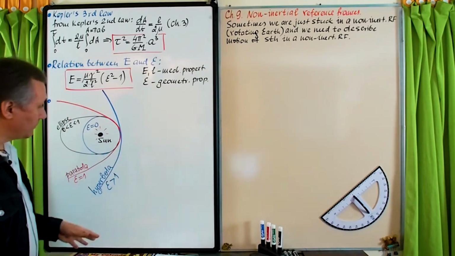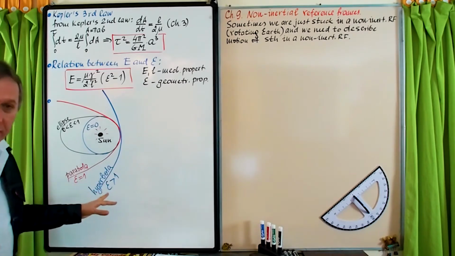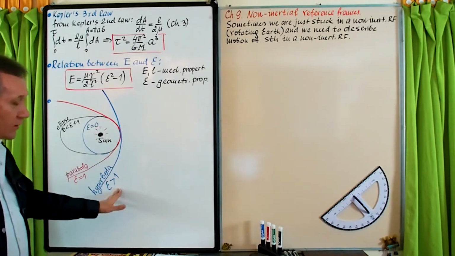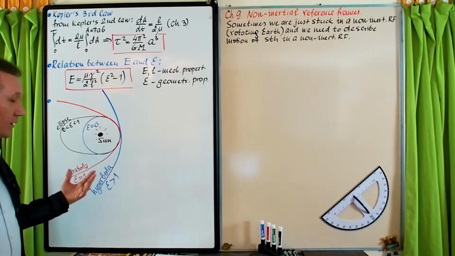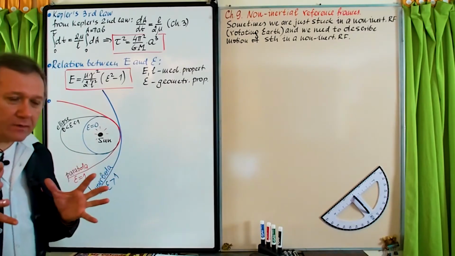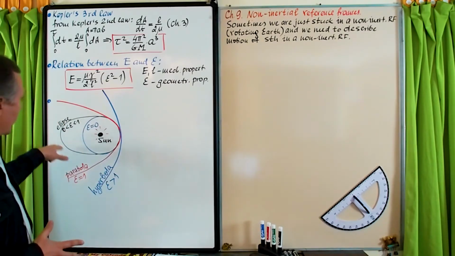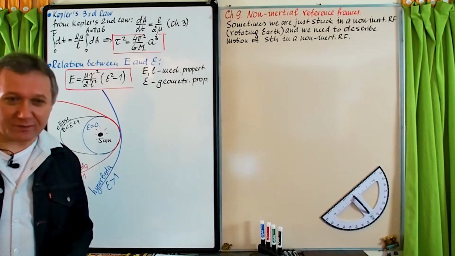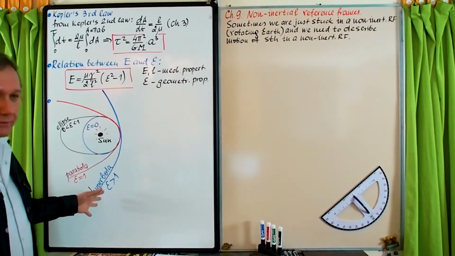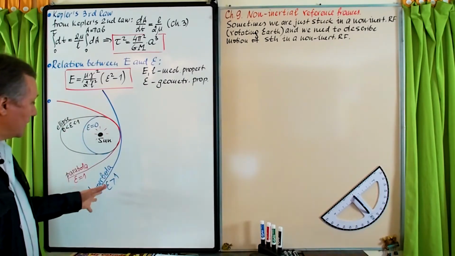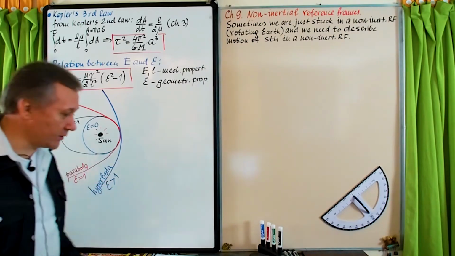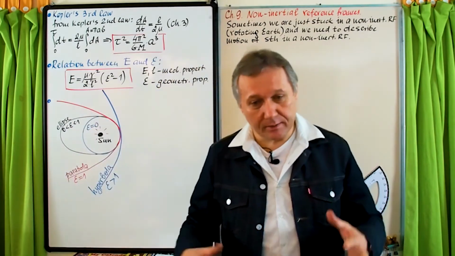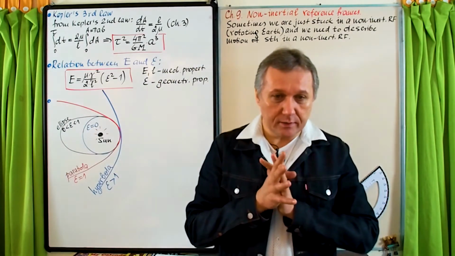And for the hyperbola, proving that when epsilon is larger than 1 we end up with a hyperbola is very similar to the derivation of an ellipse, also as tedious. It would take maybe 15 minutes of derivation, so I never go into that. But it can be shown that if eccentricity is larger than 1, total mechanical energy will be positive. In that case, the trajectory is a hyperbola.